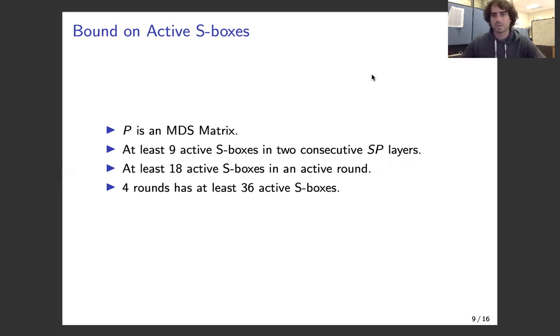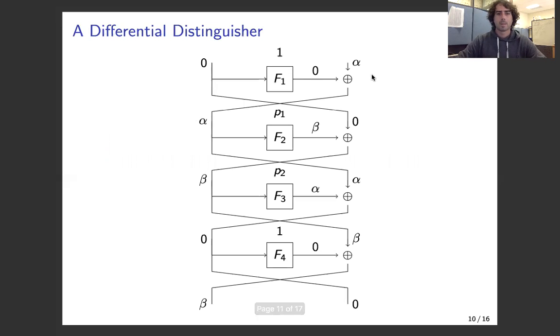But it turns out that this analysis is actually not that accurate if we analyze it a bit more carefully. Okay, so let's have a look at a differential distinguisher on a 4-round Feistel network. As I said before, we have 2 rounds that are active, rounds 2 and 3.